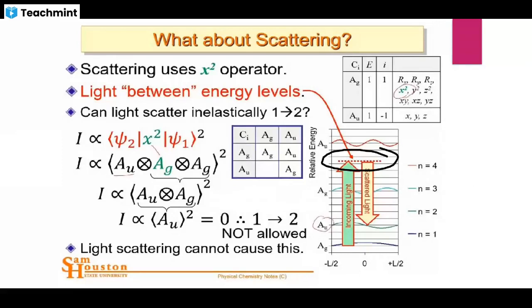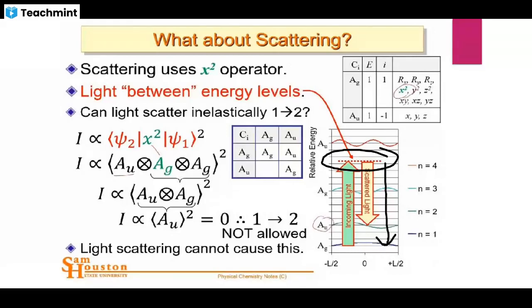Then it is scattered back. There are three different kinds of scattering: Rayleigh scattering, Stokes and anti-Stokes. Rayleigh means the photon's energy neither decreases nor increases. It is elastic scattering, and it is Rayleigh scattering. If it somehow loses energy, the incoming light's energy is higher than the scattered light.